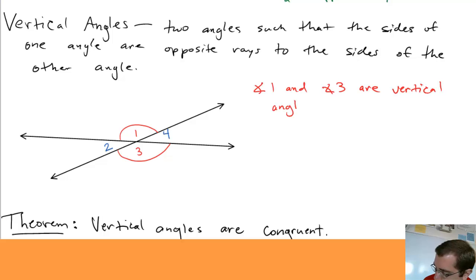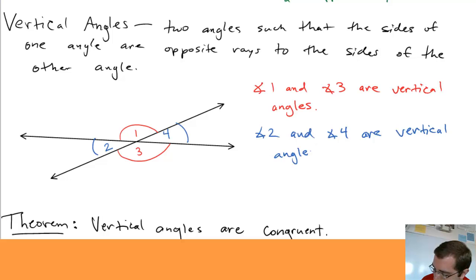And we have another pair of vertical angles in this picture. Angle 2 and angle 4 are vertical angles. Because the sides of angle 2, which are these, are opposite rays to the sides of angle 4.